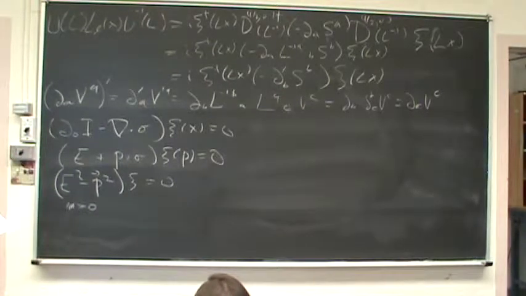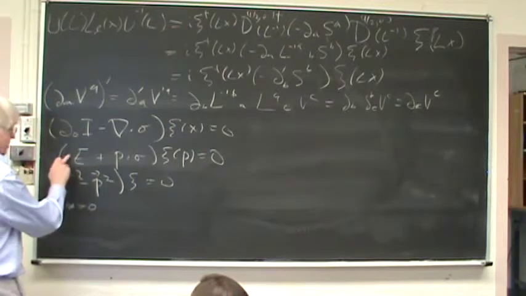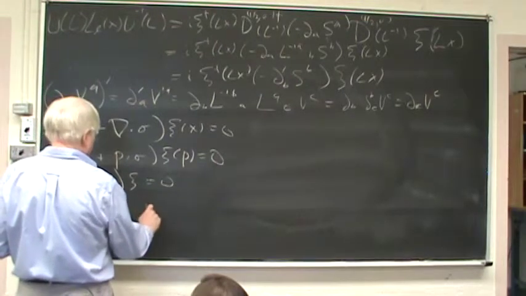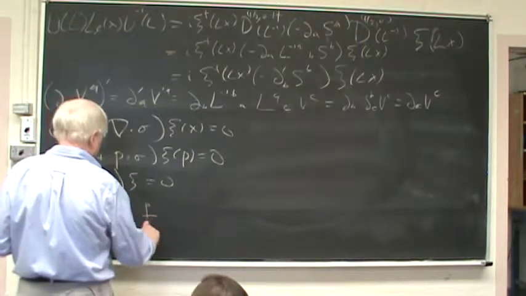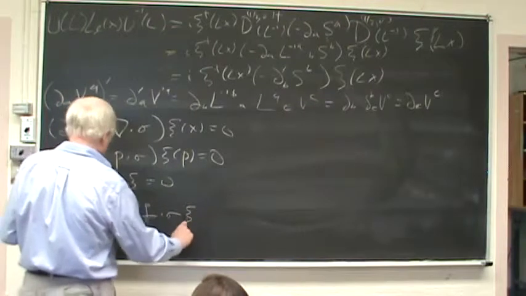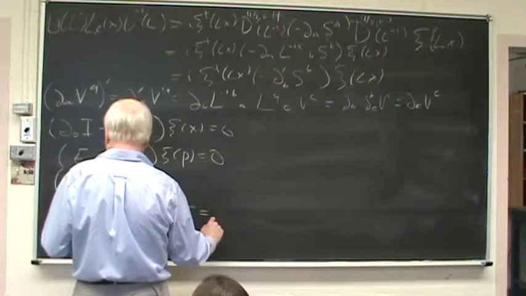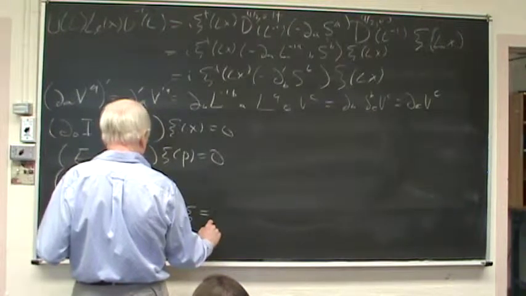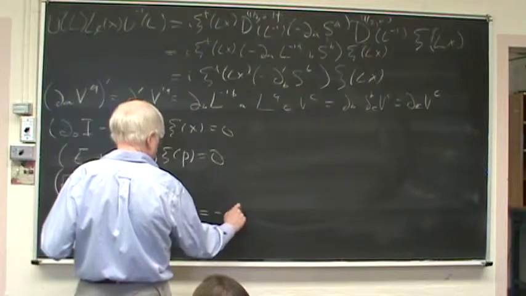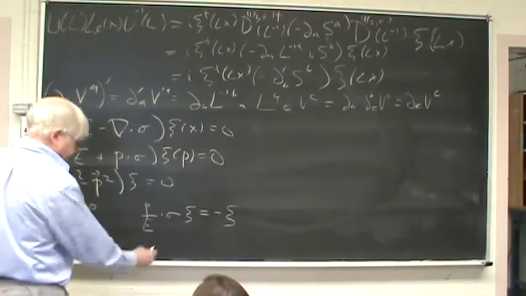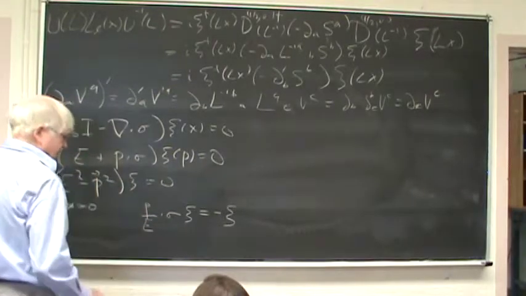And since it's a massless field, E and p are the same, so we can rewrite this equation. And rewriting the equation, what we have is (p over E) dot σ on ψ is equal to minus ψ. But now p over E is p hat, and σ is 2J.